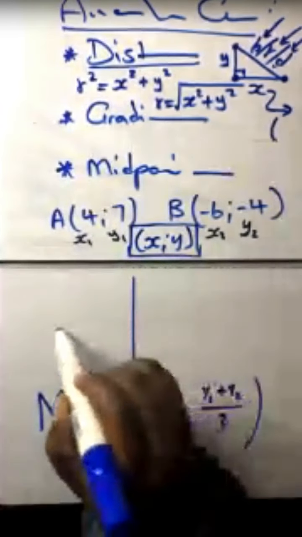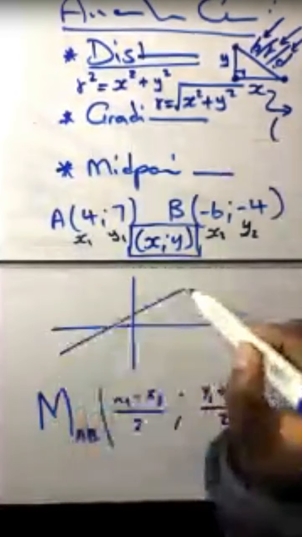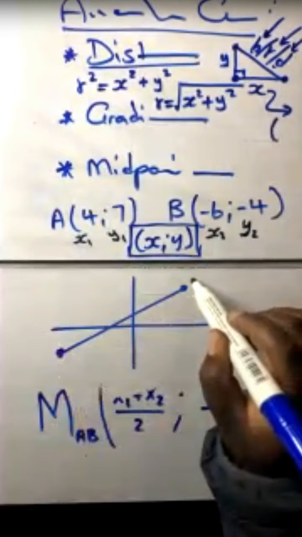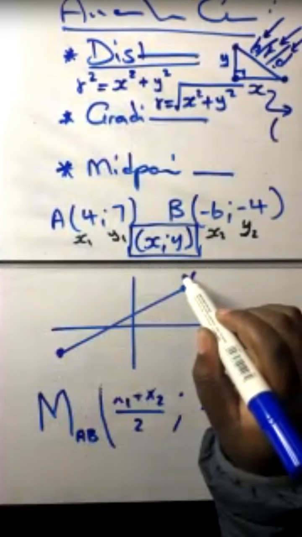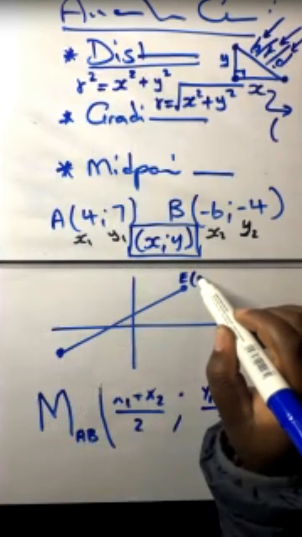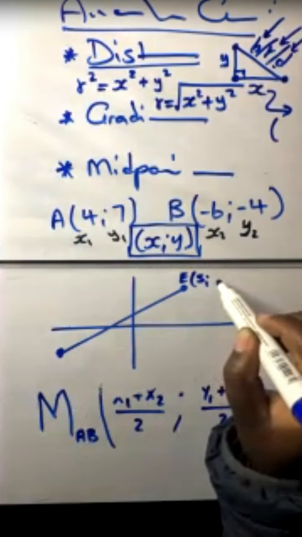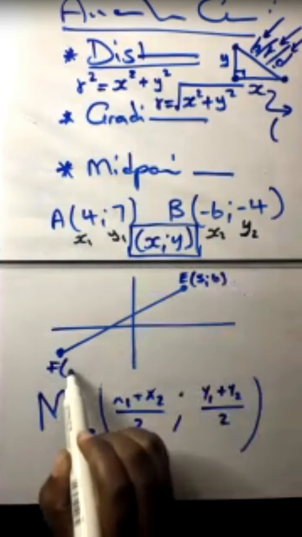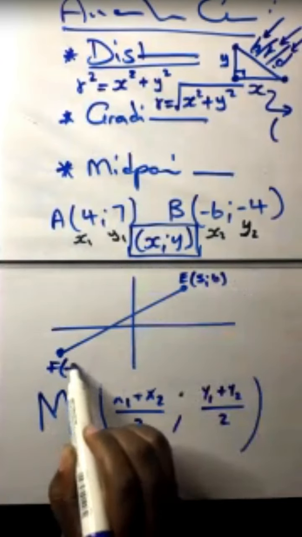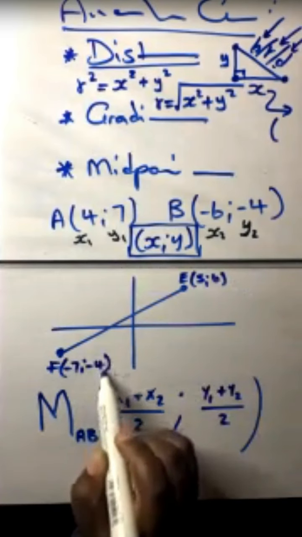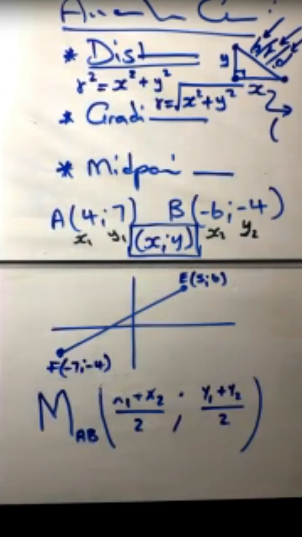Let's say we've got a Cartesian plane, something similar to that. We've got that point over there. We've got, let's say, points A, B, C, D, E, with E being 5 and 6, and F with an x value, obviously a negative number, you can say -7, and the y value also a negative number.